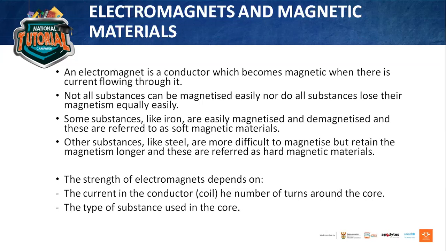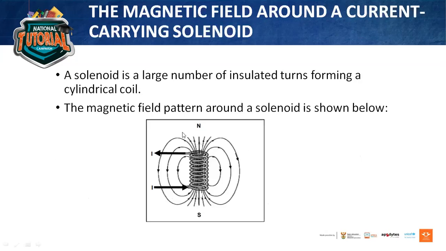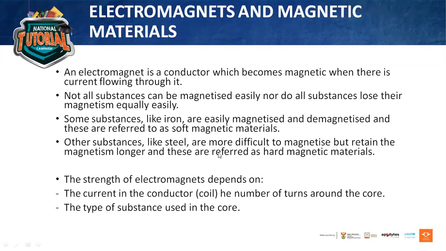Just like a solenoid, where we mentioned that the number of turns determines the strength. Then the type of substance used in the core is also important. You need to make sure that you know these things, because these are questions that can also be asked.